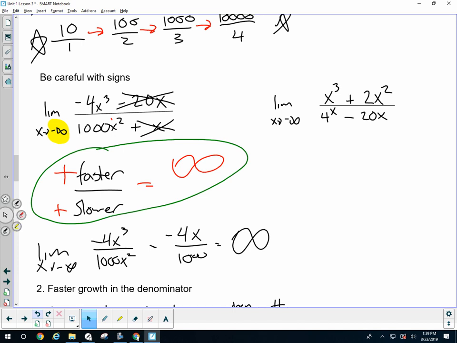Nope, but close. Anybody have a confident answer of why I'm not going to cross off the 20x, but I would cross off the 4 to the x?